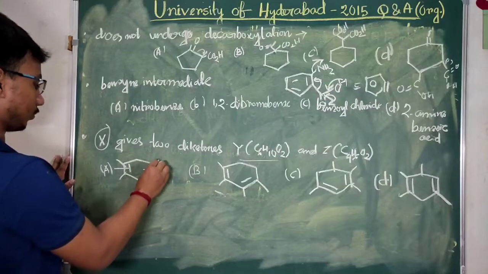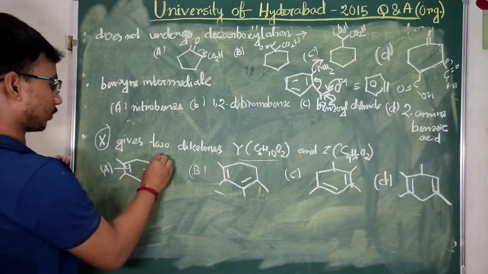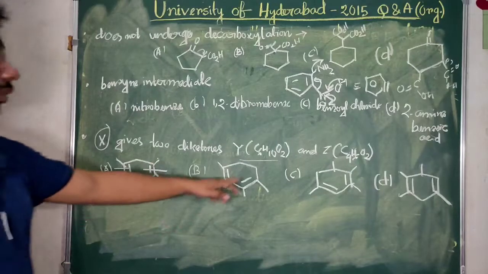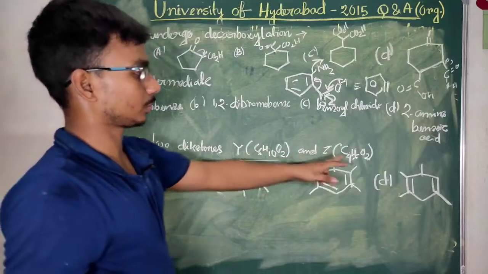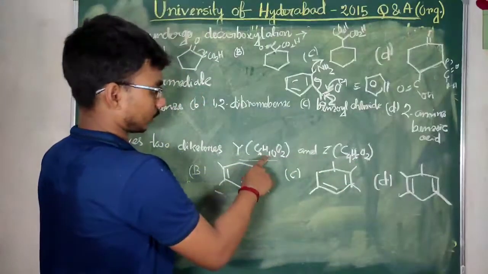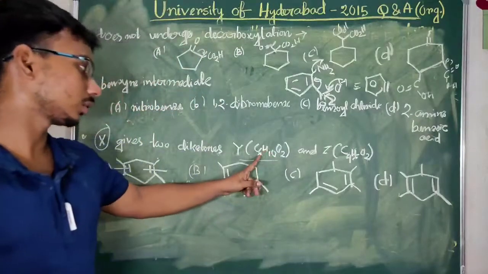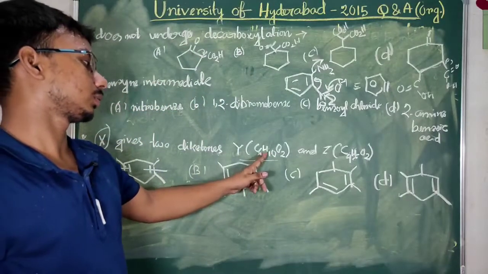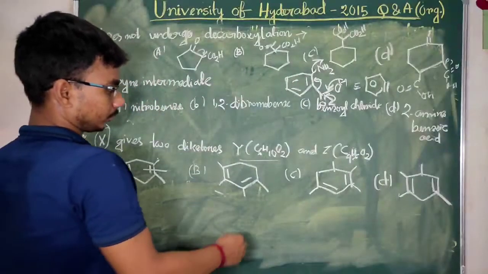1, 2, 3. 1, 2, 3, 4, 5 carbon carbonyl, 5 carbon carbonyl. There is no 5 carbon carbonyl. C6H10O2, definitely a 6 carbon system, a diketone is present.